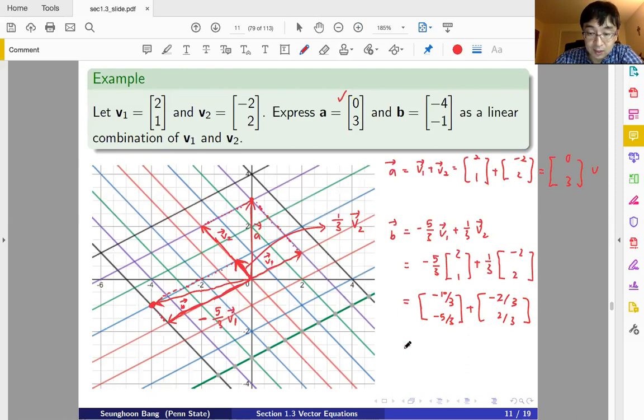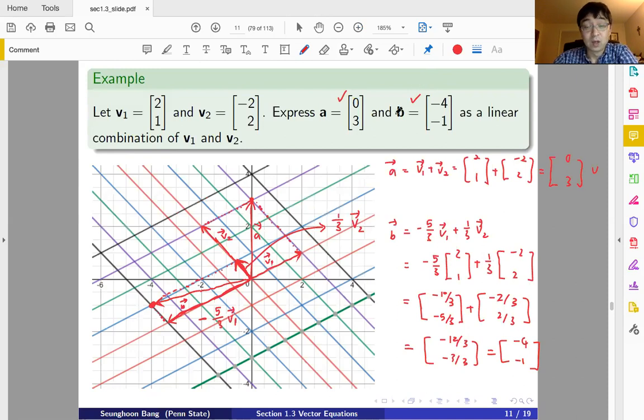You add these things: exactly negative 12 over 3, negative 3 over 3. Negative 12 over 3 is minus 4. Negative 3 over 3 is minus 1. Yes, exactly the same as vector b. That's it. This is the geometric method.